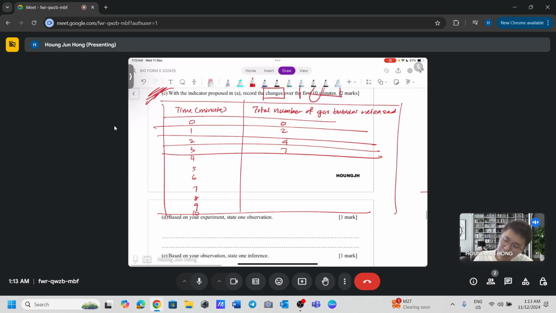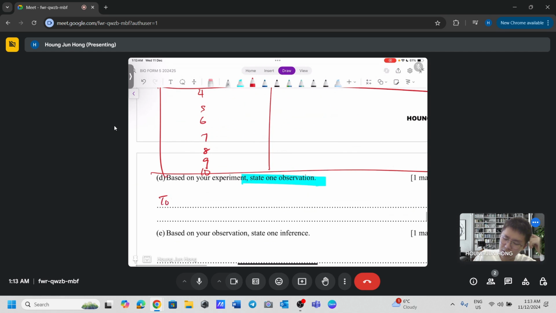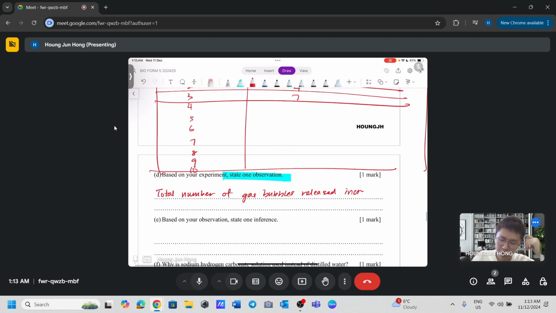Next, what is the observation? As usual, you should know the observation is typically MVRV, but over here, not really. I can just say the total number of gas bubbles released increases over time.